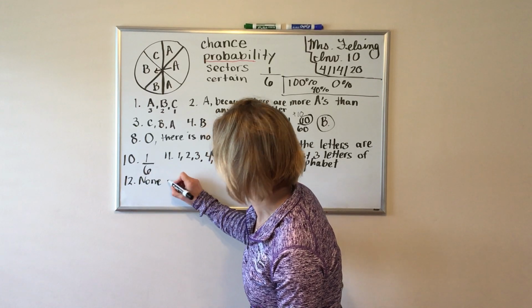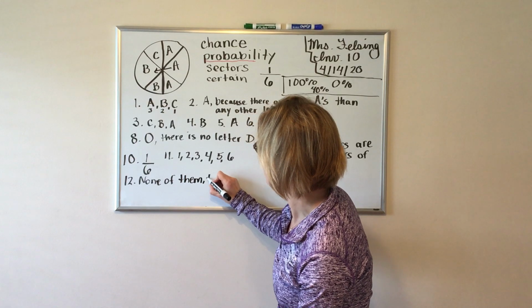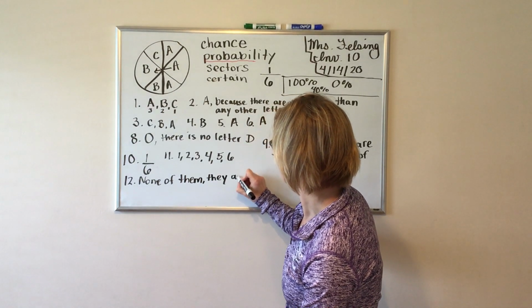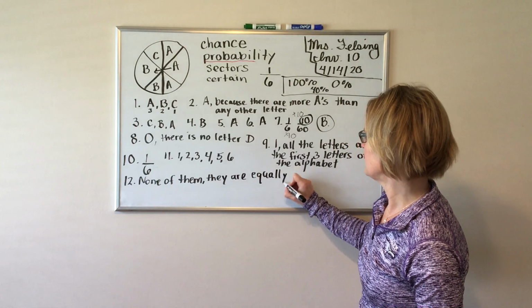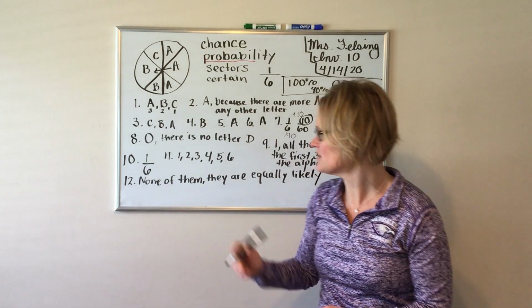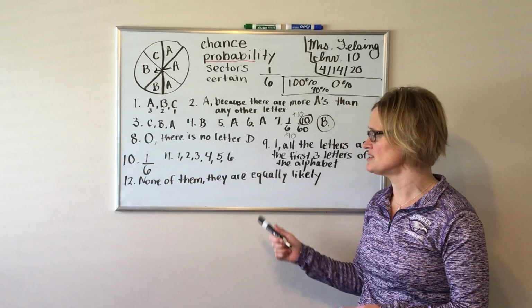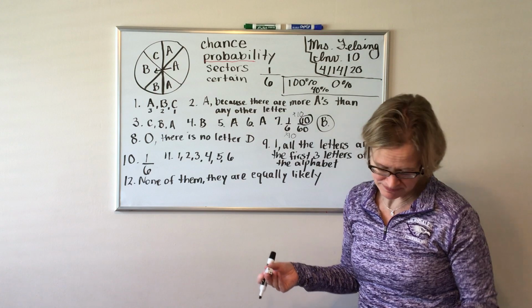None of them is most likely. They are all equally likely. There's nothing that's most, because if you look at the numbers, they're all different numbers, and there's one for each. There's no way. Okay?